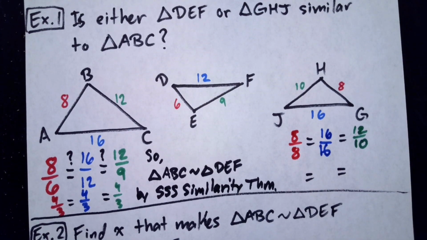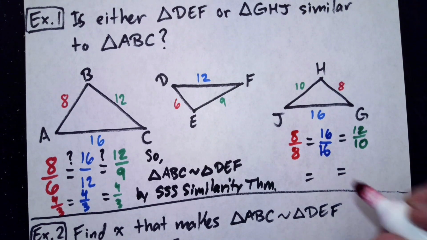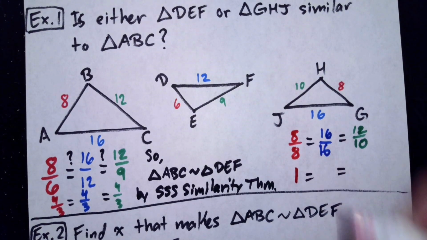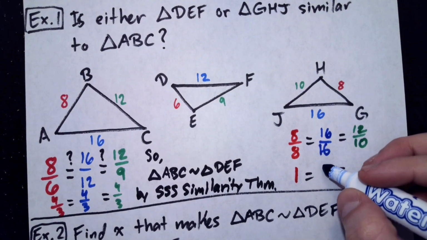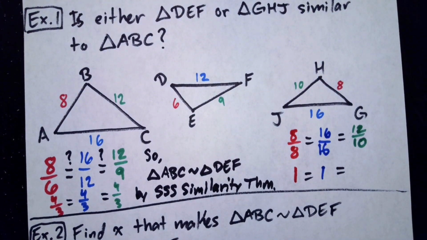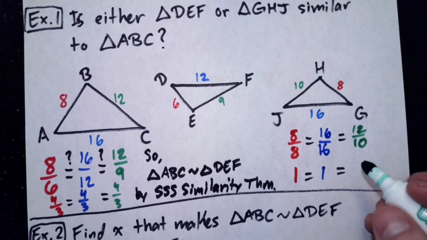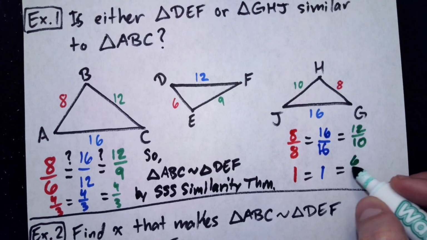And now if we start to simplify these, we're going to get a very obvious mistake here. 8 divided by 8 is 1. 16 divided by 16 is also 1. But 12 divided by 10 is not 1. It's actually 6/5, or 6 over 5.